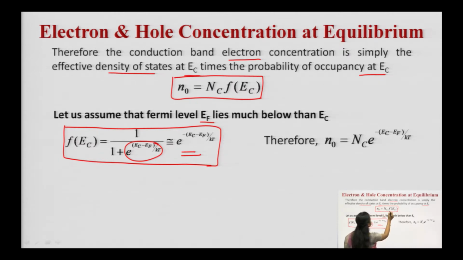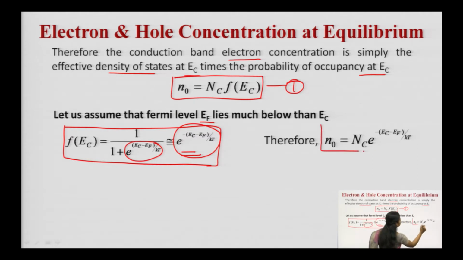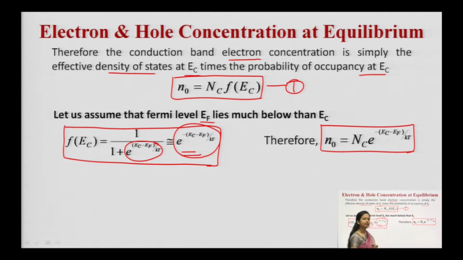See, NC into F(EC): substitute the value of this F(EC) into this particular equation, let us say equation number 1. So, n naught is NC into e raised to the power minus (EC minus EF) upon kT. k, you know, is the Boltzmann constant, T is the temperature, EF is the Fermi level, and EC you already know.